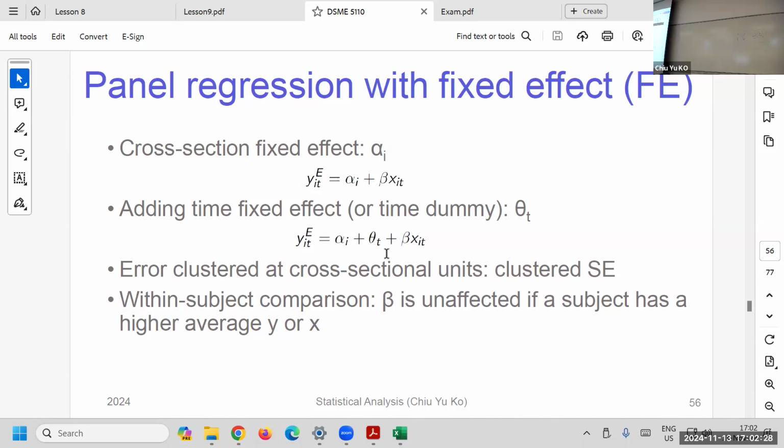Usually, there's no hope to figure this out if you only observe him once. But if you observe him twice, two times, you can take a difference, right? Suppose you have a guy, the main idea is like this. You observe him the first time, alpha_i, right? The model is like this, X_i1.